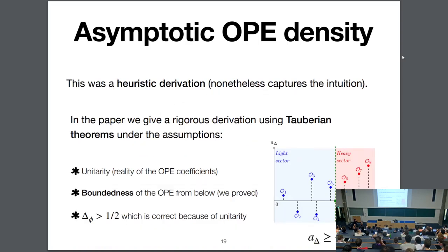The derivation I gave you is very heuristic. If you are interested, you can look in the paper. We have a formal derivation. And the formal derivation only needs 3 things. It needs unitarity, which translates to the reality of this. It needs boundedness, which we proved formally in the paper. Here I am just going to say one thing about what boundedness means, because usually people think that they need the coefficients to be positive.